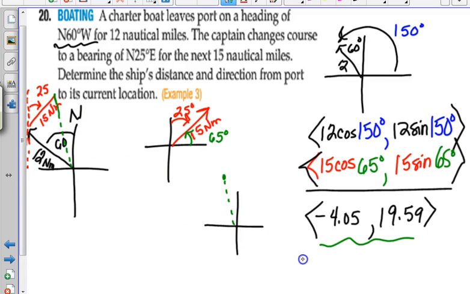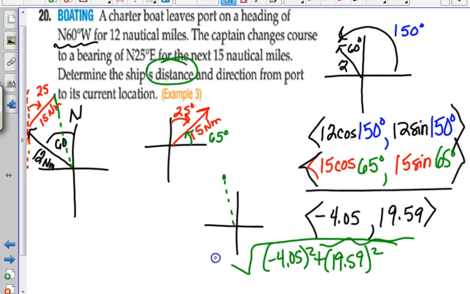Okay. And to find the distance, that is a magnitude. Anytime I say the word magnitude in general, it means if you only have the components, you need to do Pythagorean theorem. That will give us the magnitude or the distance in this case.